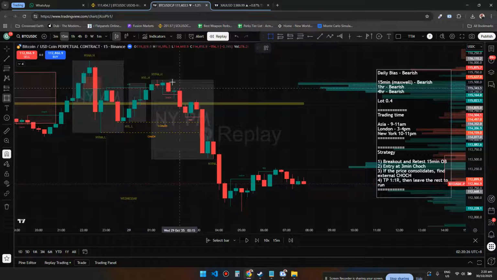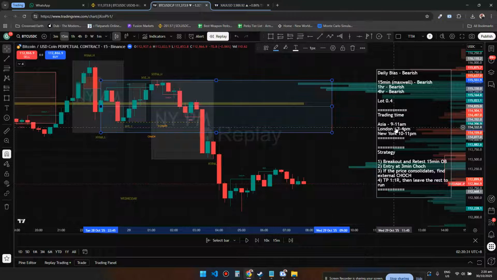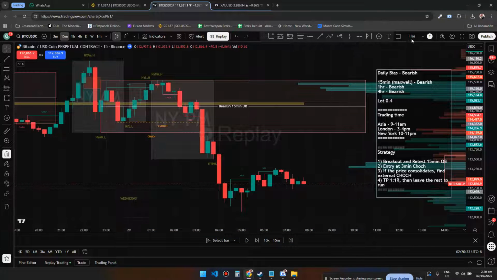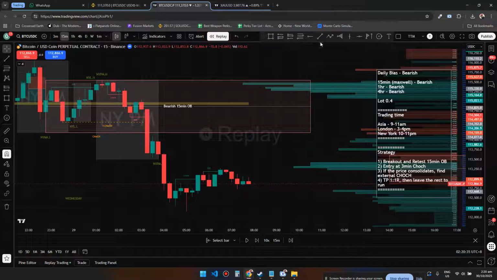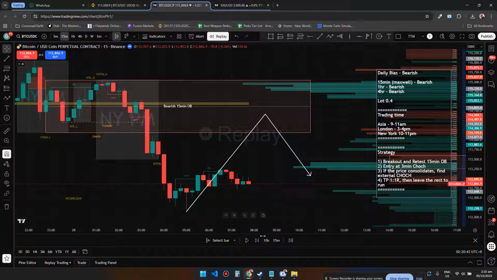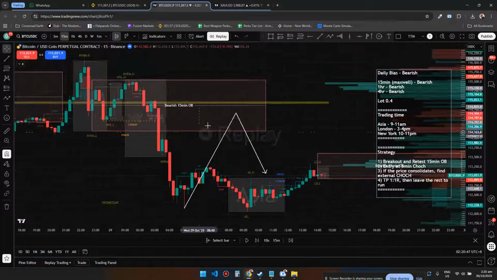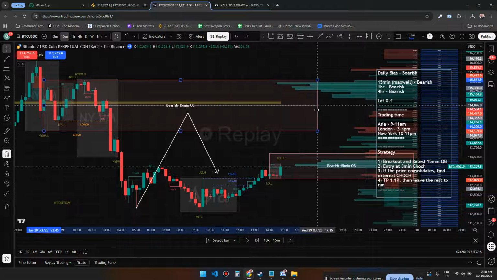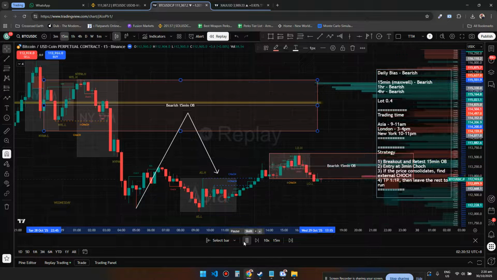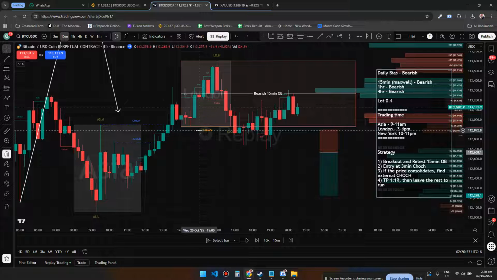So what I did was I drew a bearish 15-minute OB. I'm expecting price to come back up and then come back down again. So let's see what price does. All right, so you can see London created another change of character.